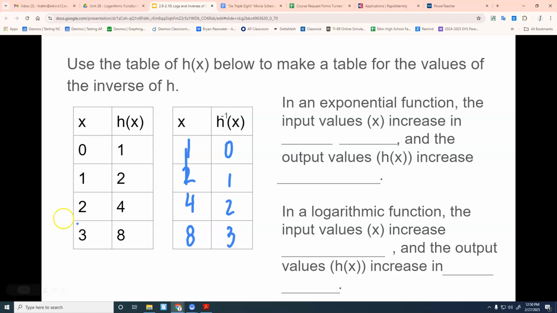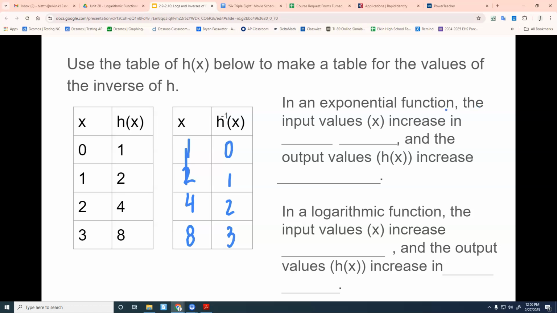So in this table, our y's are being multiplied by a number. In our inverse table, our x's are being multiplied by a number, right? So I have a couple statements here. The first one is for exponential functions, and the second one is for logarithmic functions.